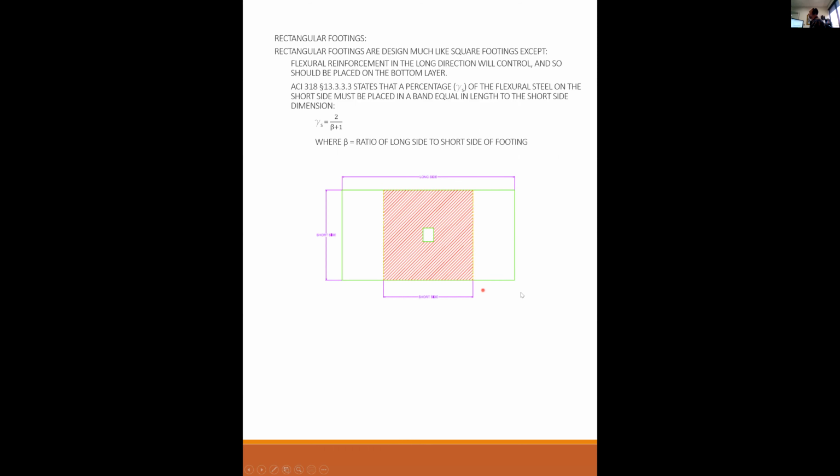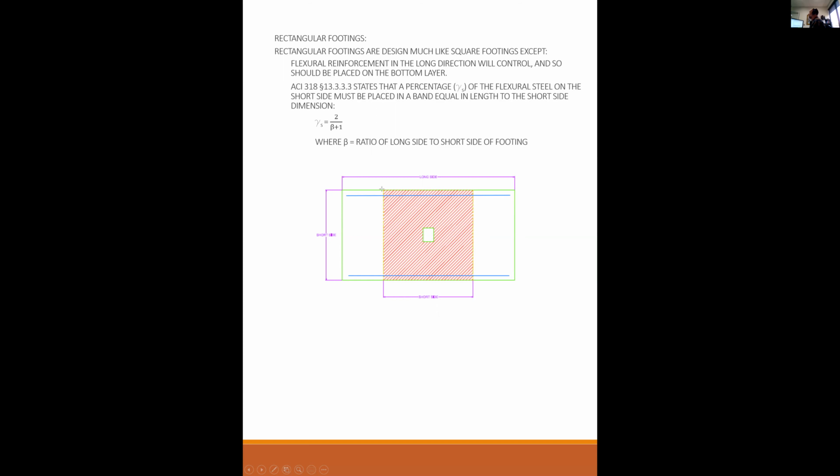So what they're basically saying is you have a rectangular footing. The green outline is something where you have a much longer side and a short side. The flexural steel running along the long side has a much longer moment arm than the steel on the short side, so the long side is going to control. Let me draw this in here. This steel is going to be a much more severe demand than the short steel.